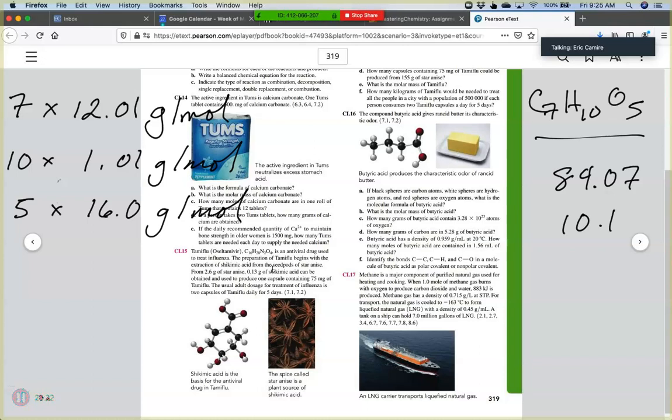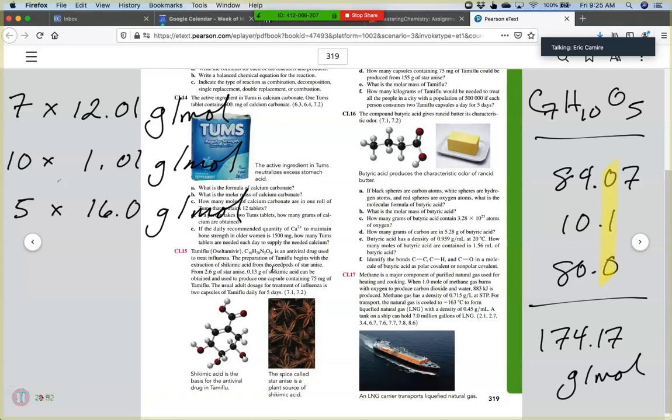And then 5 times 16, I'm getting 80.0 from the oxygen. So if I add that up, I'm getting a molar mass of 174.17 grams per mole.